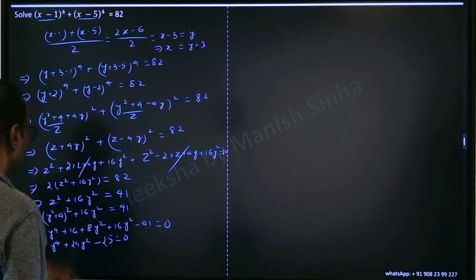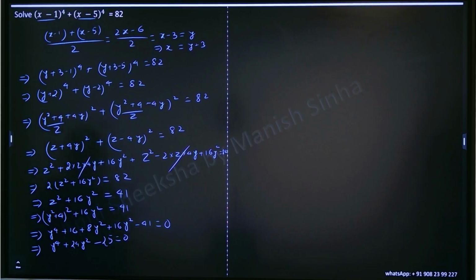Correct? 25 plus 10, 35 and 6, 41. Now you solve for y square.